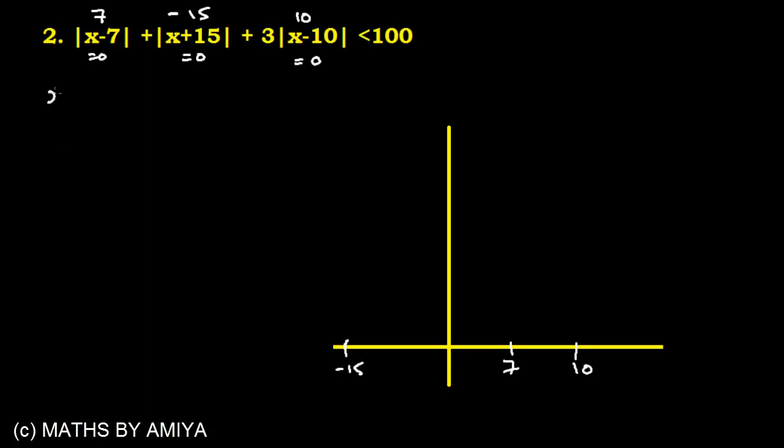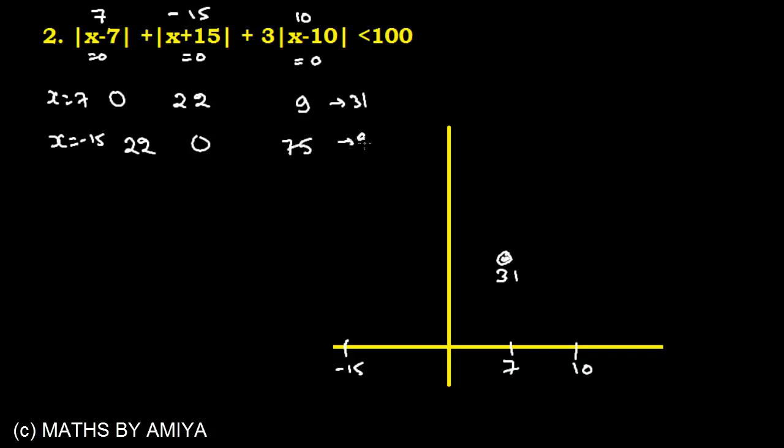Now for x equal to 7, this becomes 0. We have 22, that is nothing but 7 minus 10, and 9, that is nothing but 31. So for x equal to 7, one value of the graph is 31. Then put x equal to minus 15: that is nothing but 22, this becomes 0, that is minus 15 minus 25, that is nothing but 75.